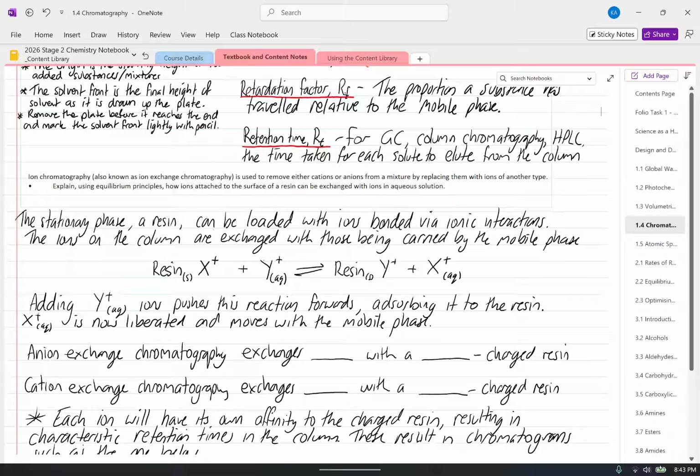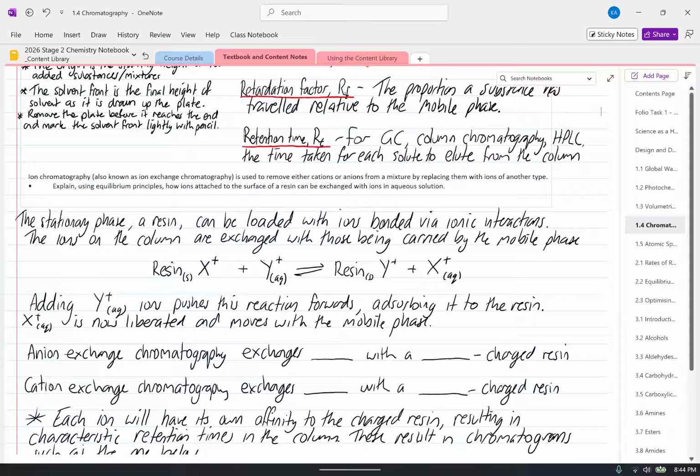In this particular case, you have to load it up with a particular ion, and then when you run a mixture through it, the ions that were already loaded into the resin can be swapped with ions that are now in the mixture. So if you have a particular ion in your solution that you want to remove, you can replace it with another ion that is less undesirable.